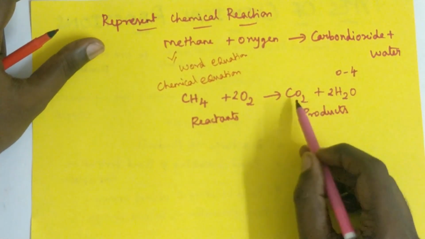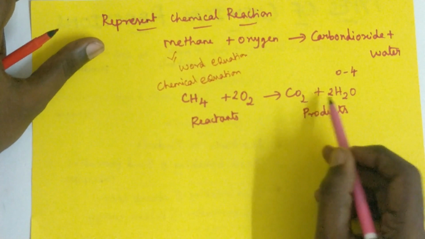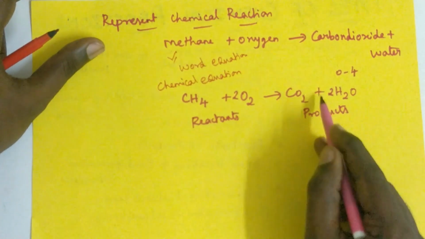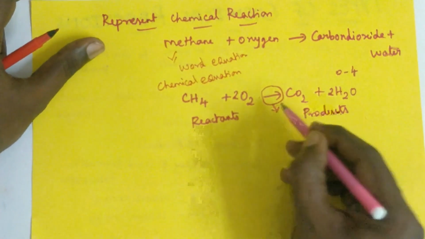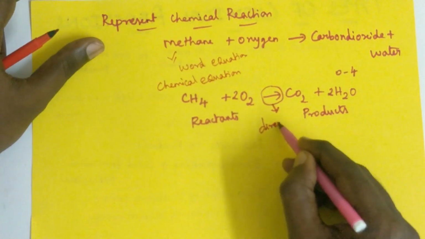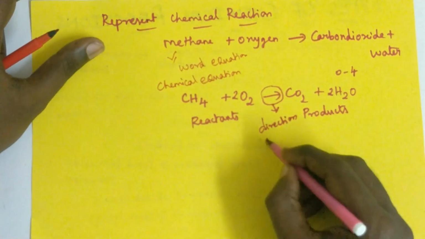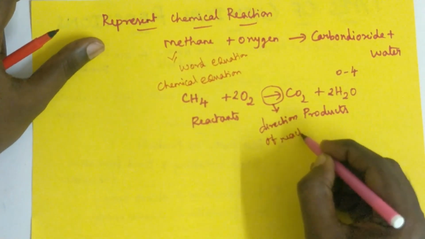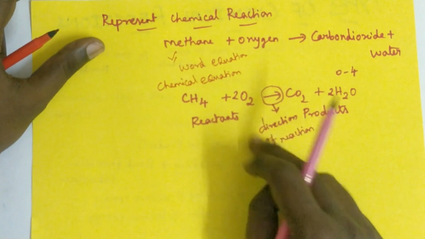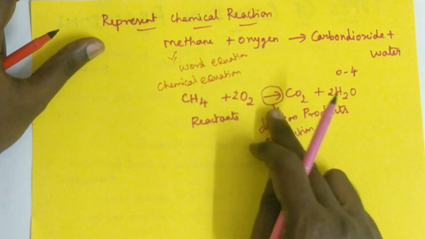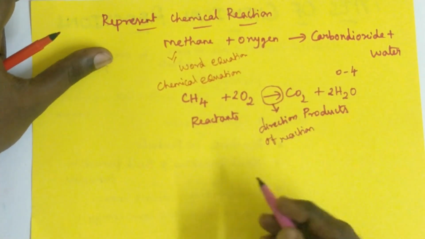Same way for products. If there are 2 or more products, you have to put a positive sign in between the products. So what does this arrow indicate? This arrow indicates the direction of reaction. That means reactant is converted into product. So the arrow indicates the direction of the equation.